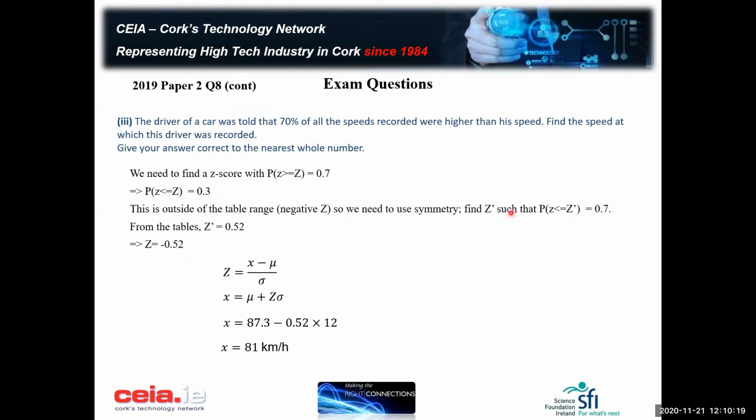So there's a bit of flipping and flopping there between 0.7, 0.3, and 0.7. If you need to, draw it out on the normal curve to see what's happening there, to confirm that we do get the point back to 0.7 here. And we need to find out what z prime gives you a 0.7.